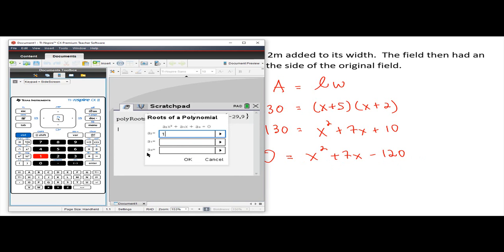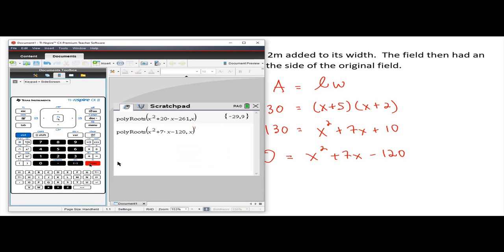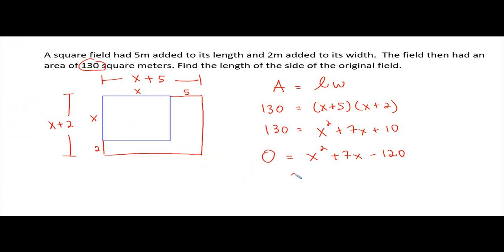So a is 1, b is 7, and c is negative 120. That'll solve the quadratic for you. Click OK, click enter, and we know x is negative 15 and 8. So we used the GDC, polynomial tools, and got x equal to negative 15, x equal to 8.